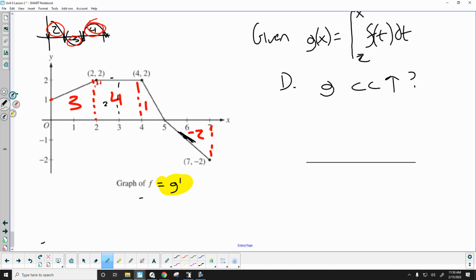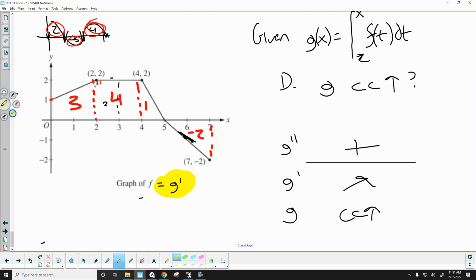Usually in unit 7, A is telling me about V. Well, I need to bring back G double prime telling me about G prime, which tells me about G. I want G to be concave up. Remember that? Which means G prime is going up, which means G double prime is positive. What do you have? G prime.